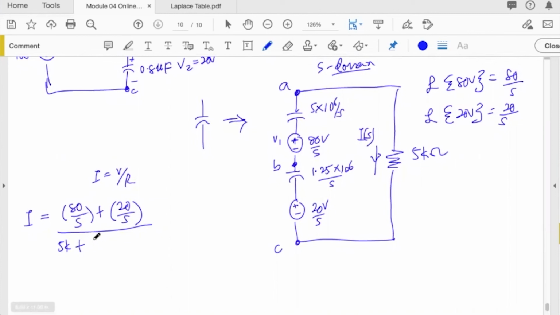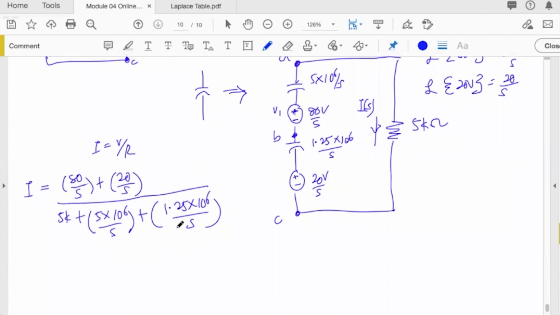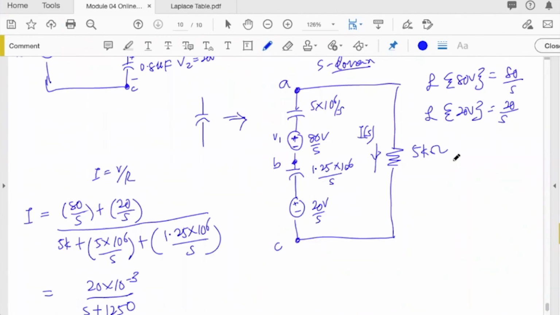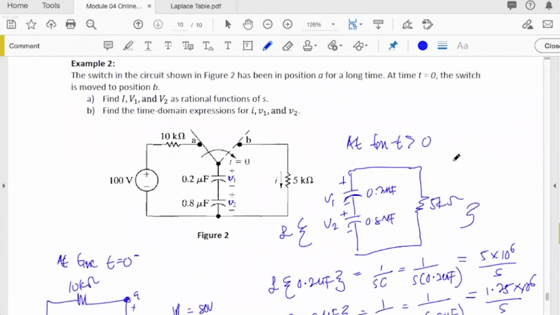So we add 5 times 10 to the power of 6 divided by S plus 1.25 times 10 to the power of 6 divided by S. If you solve this one, you will get 20 times 10 to the power of negative 3 divided by S plus 1250.